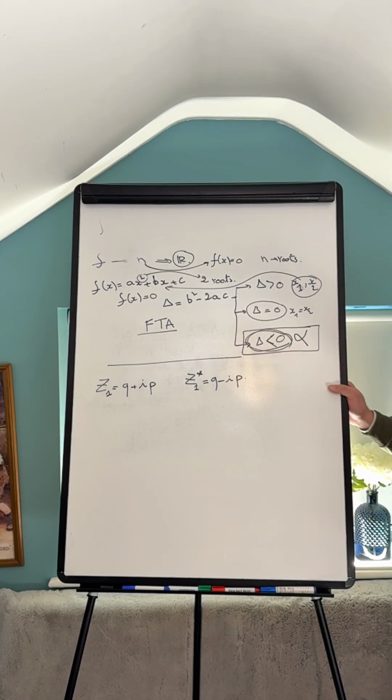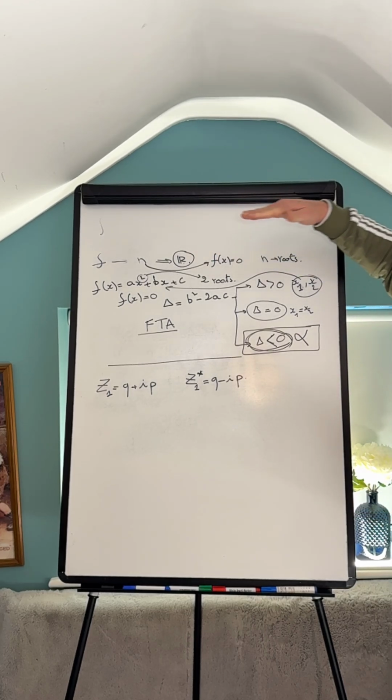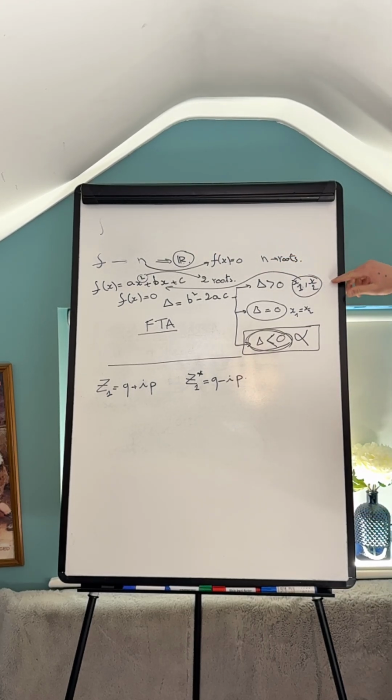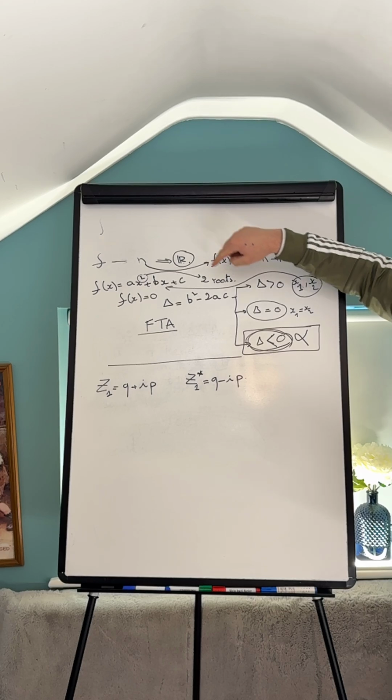We're going to give a couple of examples and then we will understand it properly. Remember, in R, if delta is positive, it remains the same. If delta equals 0, there are 2 solutions which are equal. If delta is negative, that means in R we won't have any solutions.